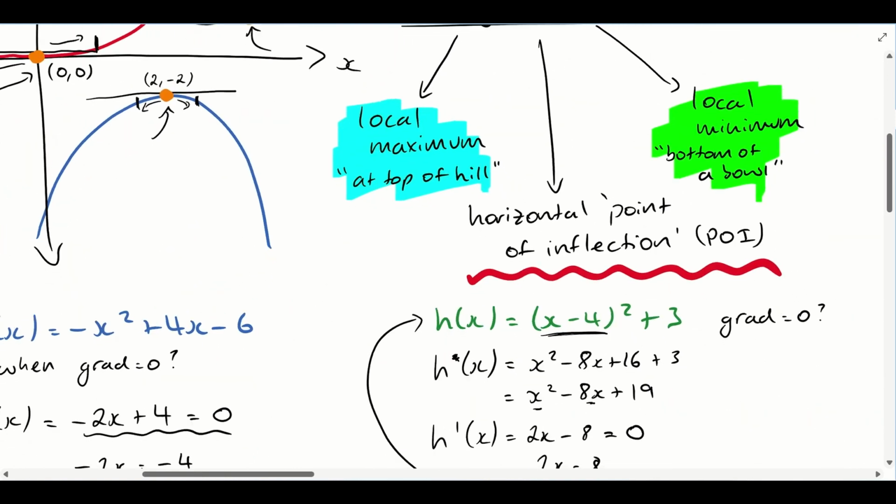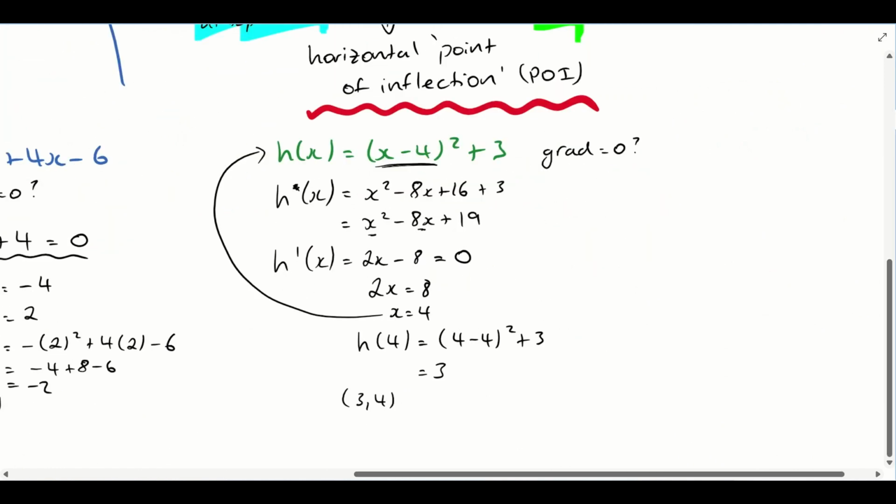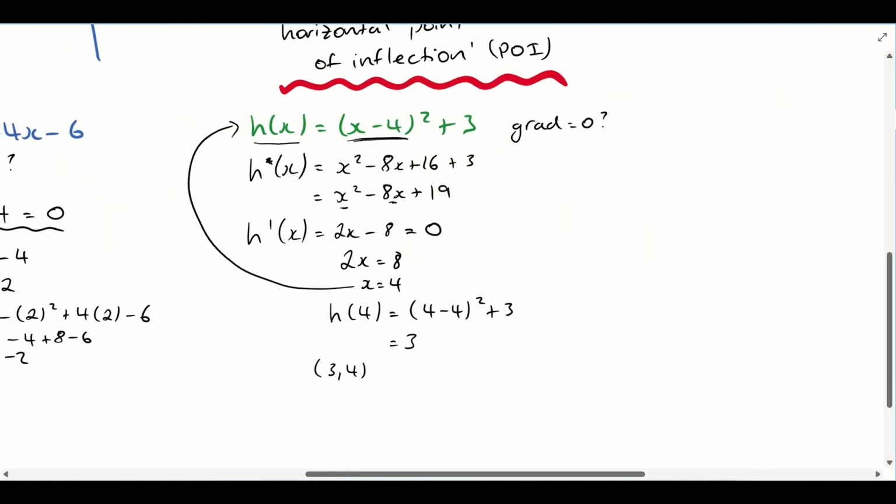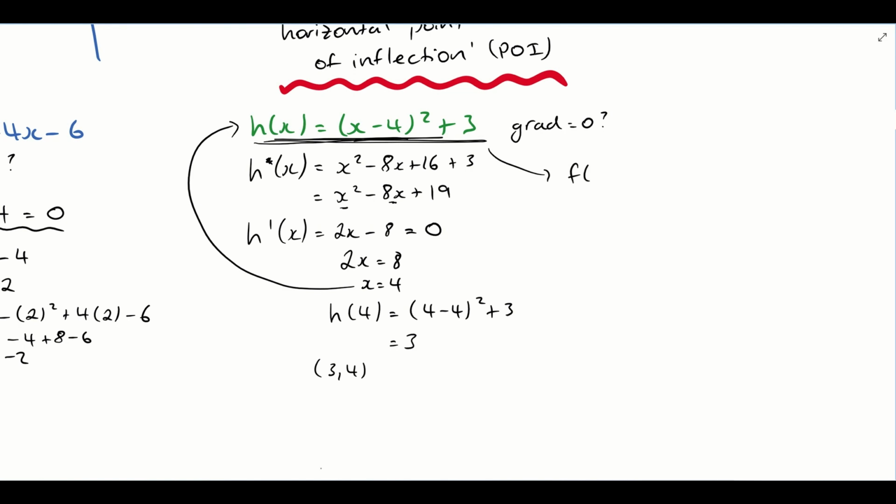And a little note that I want to make here is this is a quadratic. We should see that this green curve is a quadratic, and it's in the turning point form of a quadratic. Remember that the turning point form says that if f of x is equal to x take p squared plus q, then the turning point is equal to p comma q.